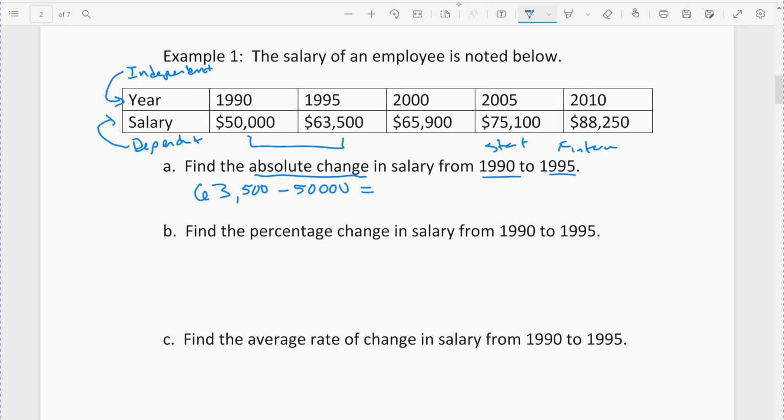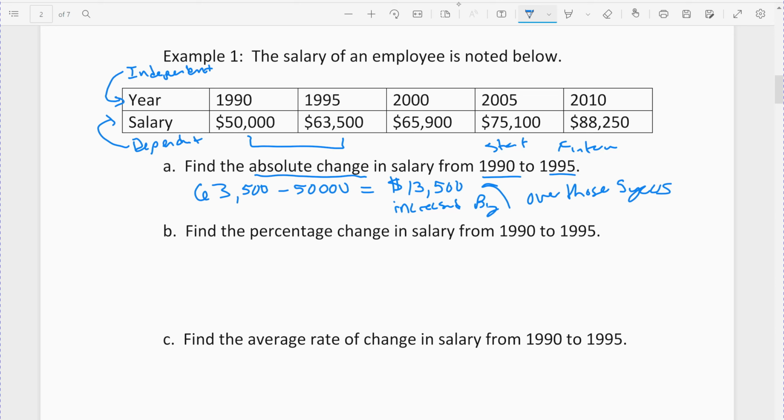When you do that, it comes out 13,500, and it was an increase. It came out positive. So from 1990 to 1995, the salary rose by 13,500 over those 5 years.